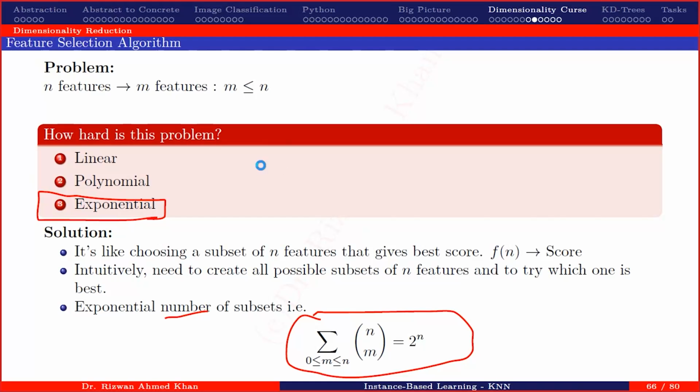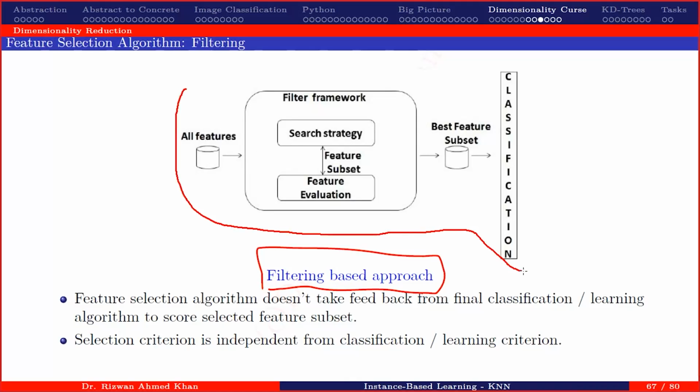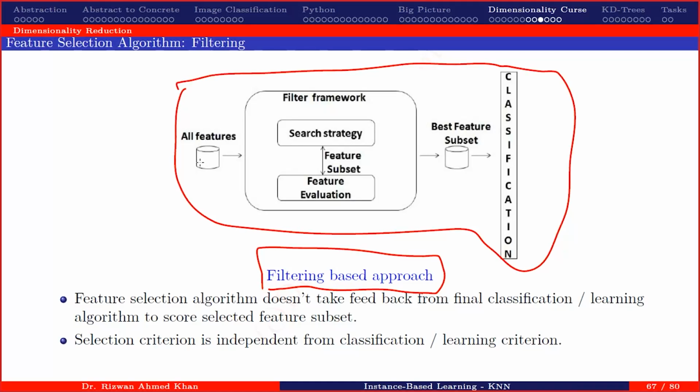So in the previous slide I talked about the filter based approach for reducing dimensionality, and it is denoted in this simple image. Once you have all the examples or features, you pass them to this algorithm. Filtering means it will evaluate them independently.